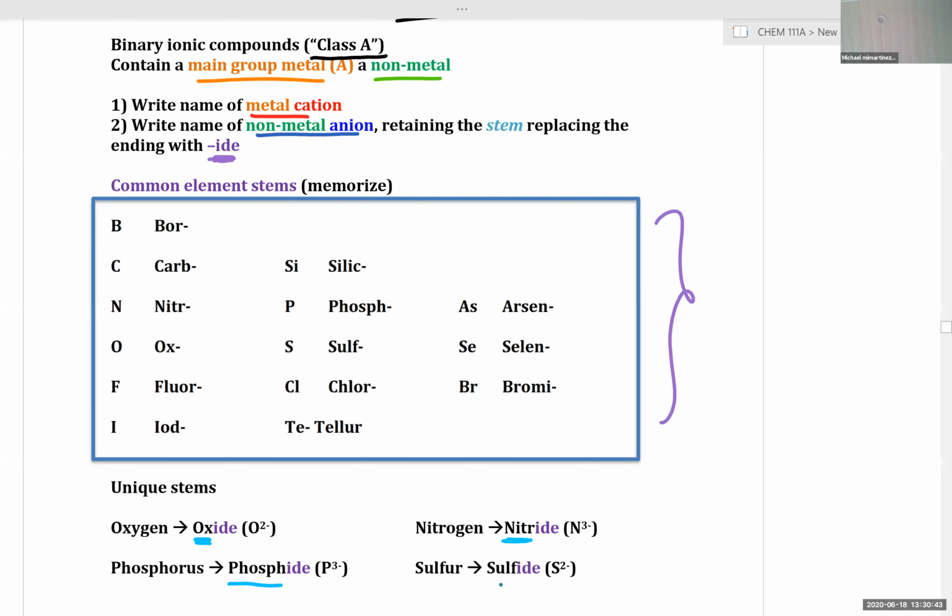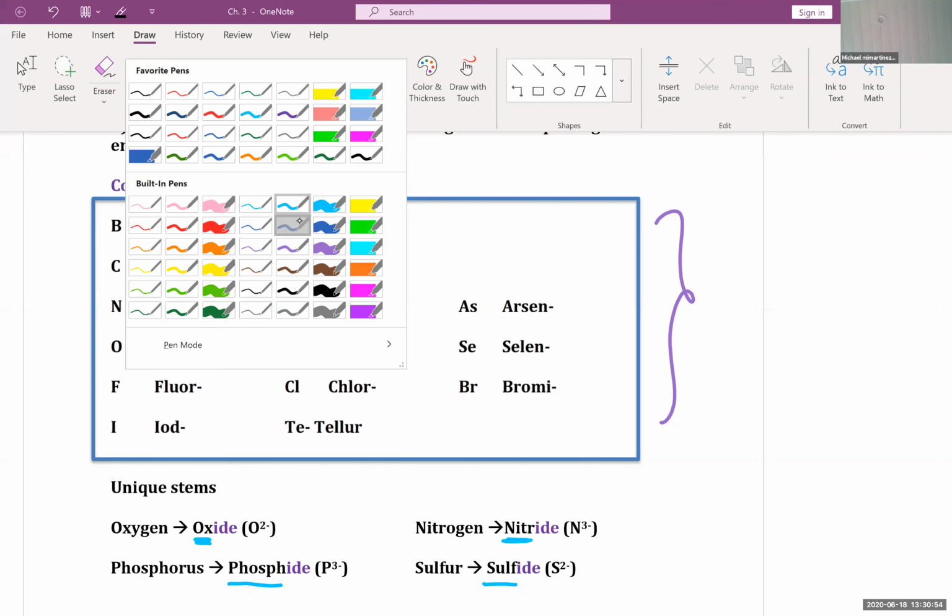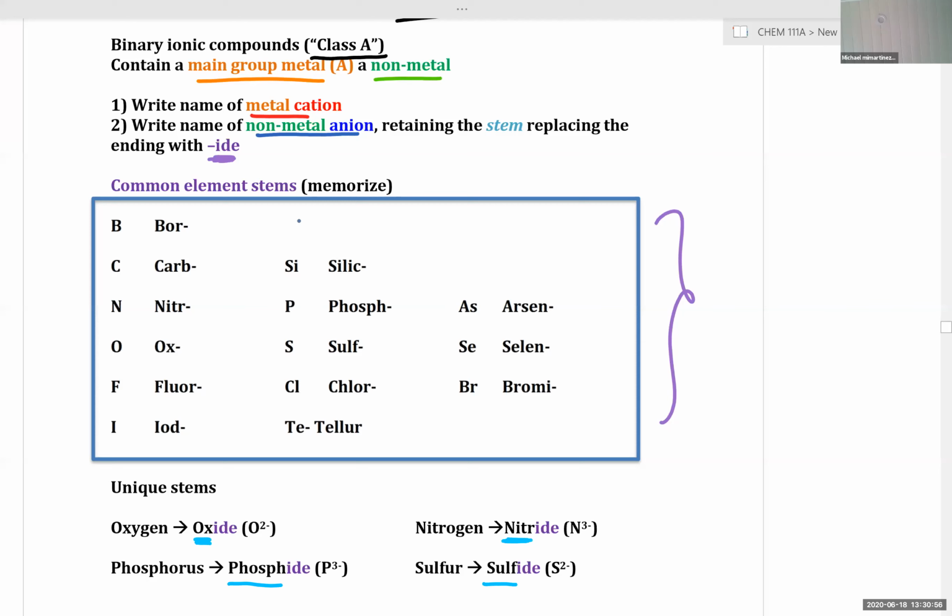Sulfur turns to sulfide. So these are some common stems that catch students off guard. So just make sure to be familiar with the common stems so you can name your atomic ions and atomic anions specifically.